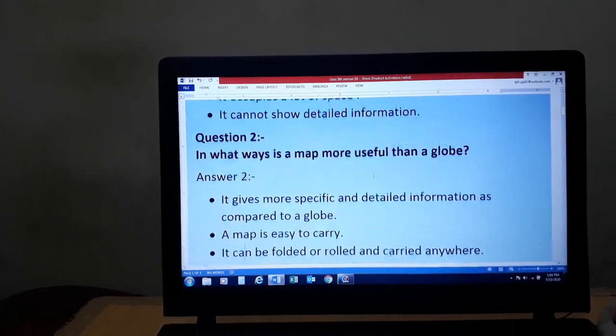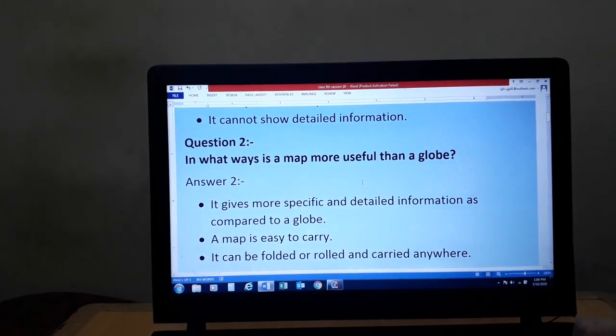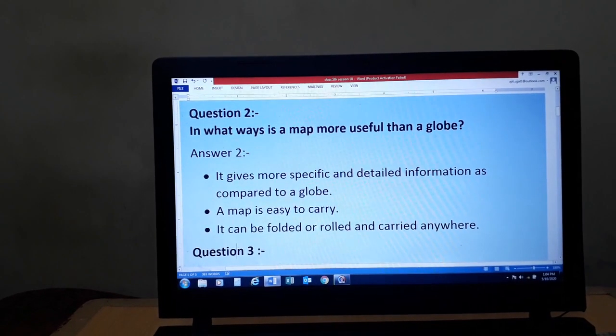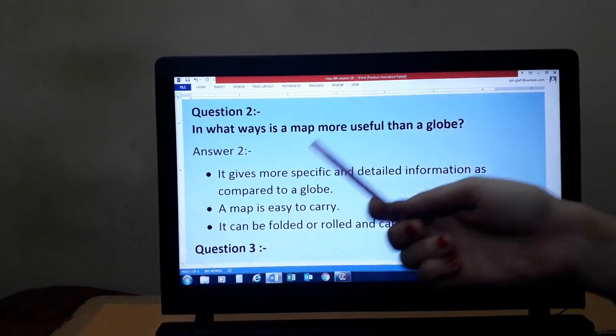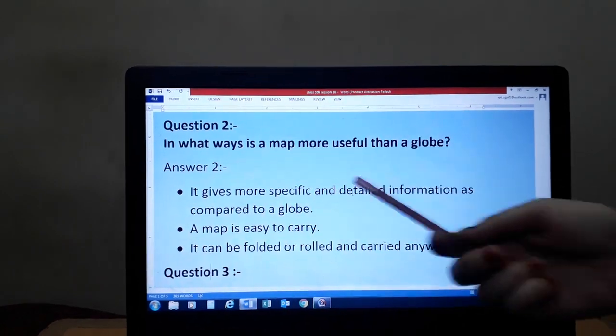Question 2. In what way is a map more useful than a globe? So students, a map is more useful than a globe because of the following factors. A map gives more specific and detailed information as compared to a globe.